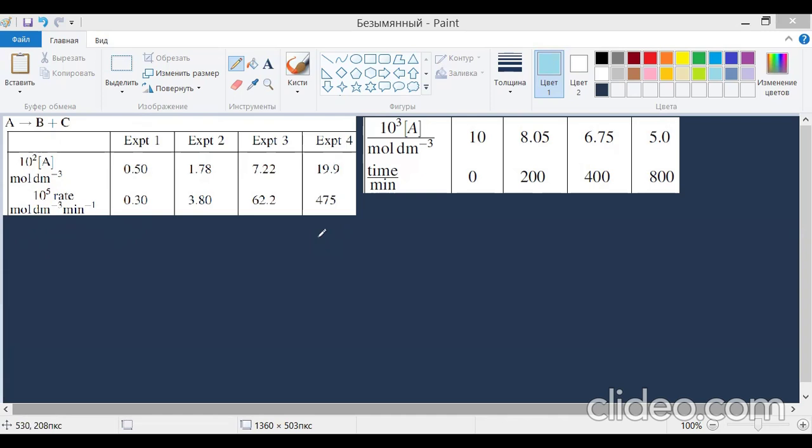Okay. Now, in the first part of this assignment, they ask us to determine the rate of this reaction. In order to get the rate of the reaction, we should recollect the main law of chemical kinetics, right?